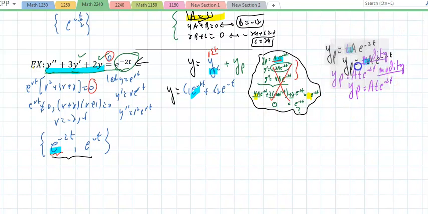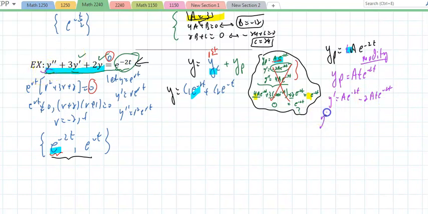Now if I take a derivative, y prime would be a e to the negative 2t minus 2at e to the negative 2t, and I want a second derivative. y double prime will be negative 2a e to the negative 2t, and here you'll get negative 2a e to the negative 2t plus 4at e to the negative 2t. Now one thing you're going to notice, too many e to the negative 2t's. When I take e to the negative 2t out, that saves you some pain.